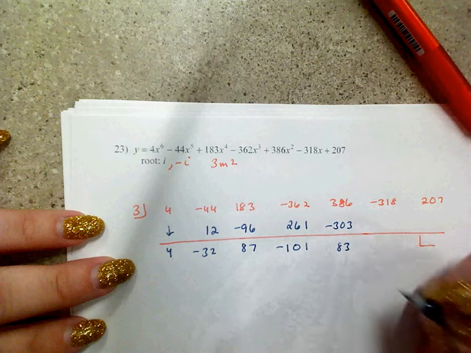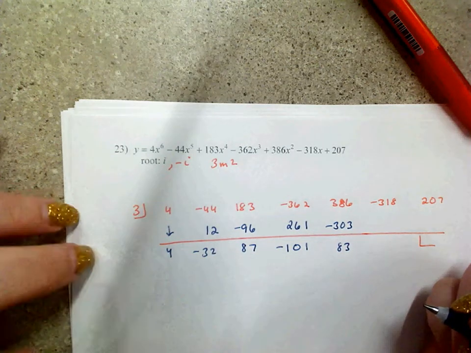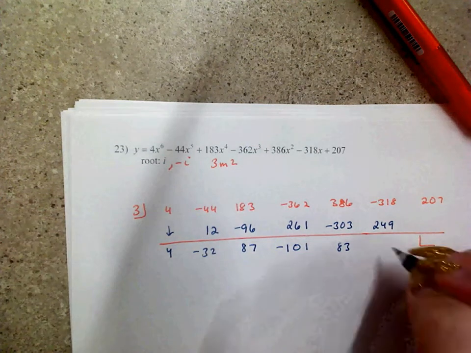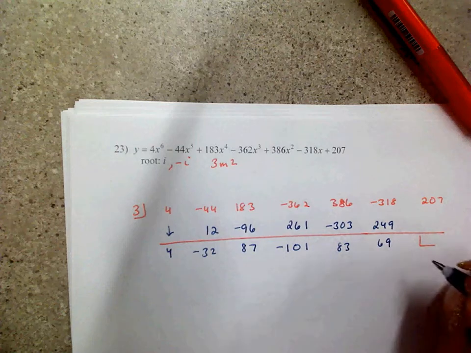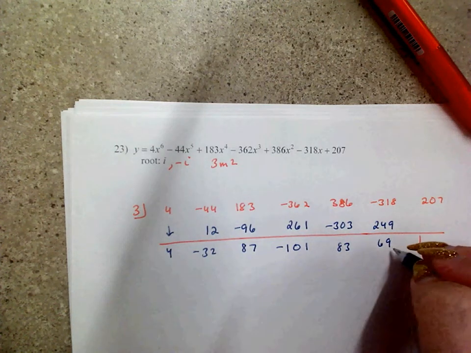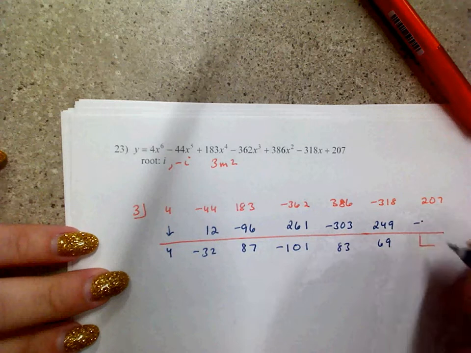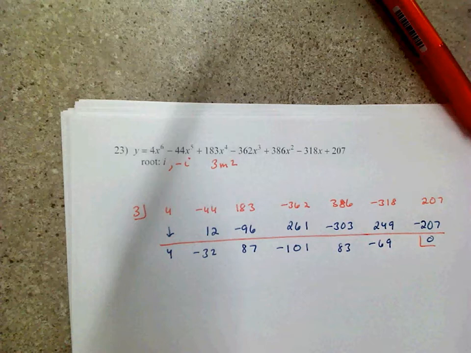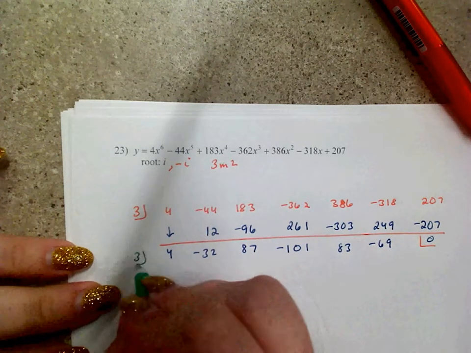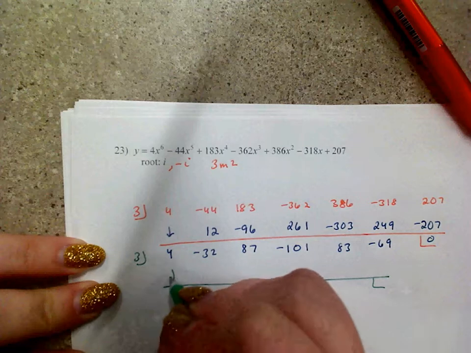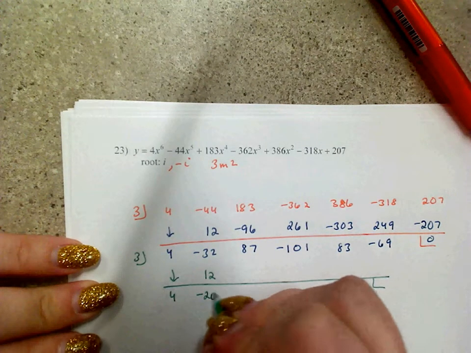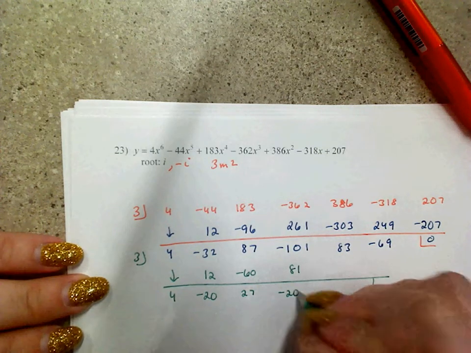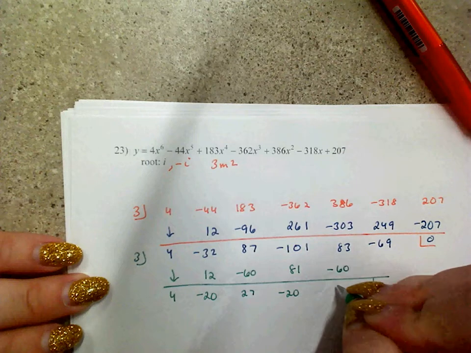So 240 plus 249, so 69. And then 180 plus 27, so negative 207 and 0. Okay, good. Now we're going to do 3 again. That's 12, negative 20, negative 60, 23, positive 69, and 0.